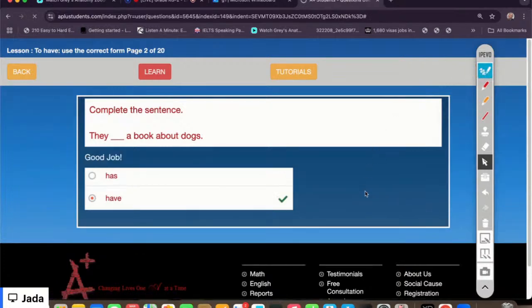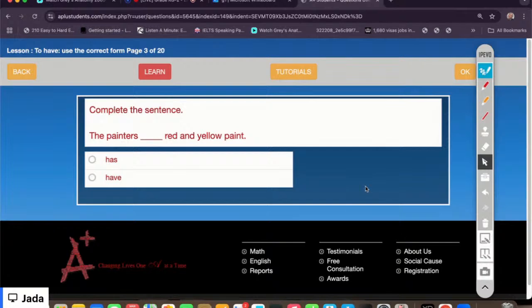Okay, so we have the painters dash red and yellow paint. So the painters have or has red and yellow paint. So which is the right one here?